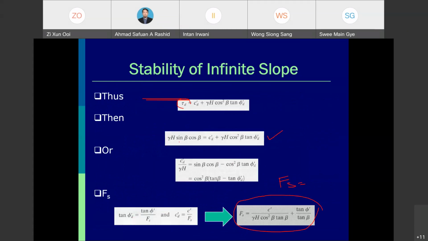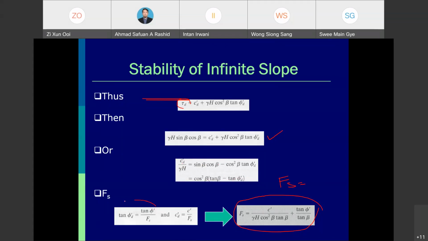So then they include the tau d in this equation. Later on, cd over gamma h is equal to sine beta cos beta minus cos square beta tangent phi d, which is cos square beta times tangent beta minus tangent phi d. So they want to eliminate the phi d and also the cd in the equation.